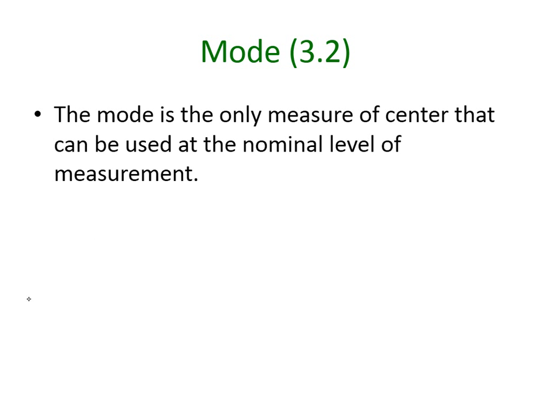If I was talking about the different colors of shirts, then we would have the names of the different colors. The only thing I can do if I was dealing with colors is figure out which one happened the most often, because you really can't average the different kinds of colors to make any sense out of finding what the median or the mean would look like. And so the only way we could describe the center would be the one that happened the most often, if you're talking about things that are names.